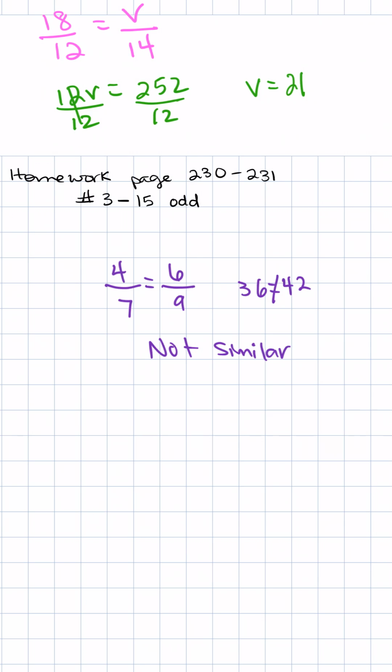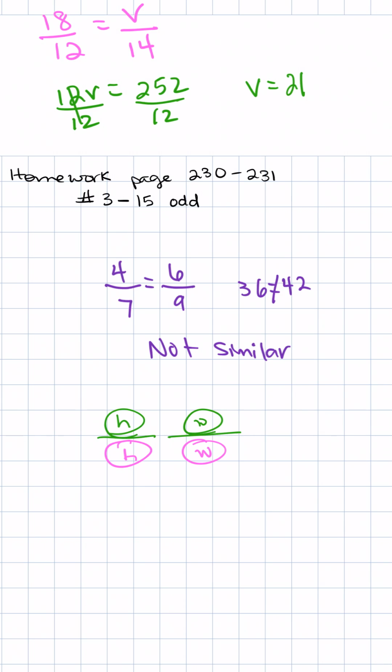If you have a missing side, just make sure that the top numbers are the length and the width of one, and the bottom is the length and the width of the other, or the height and the width.